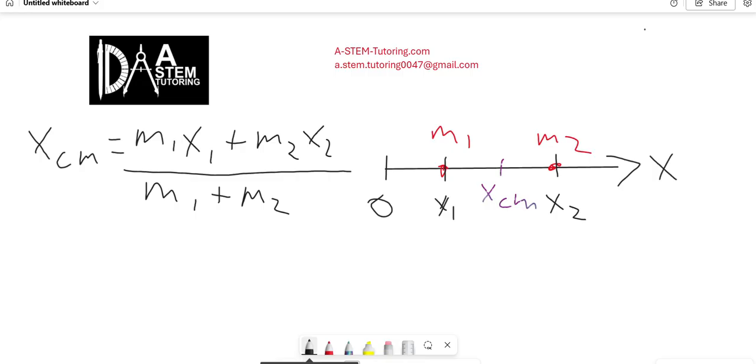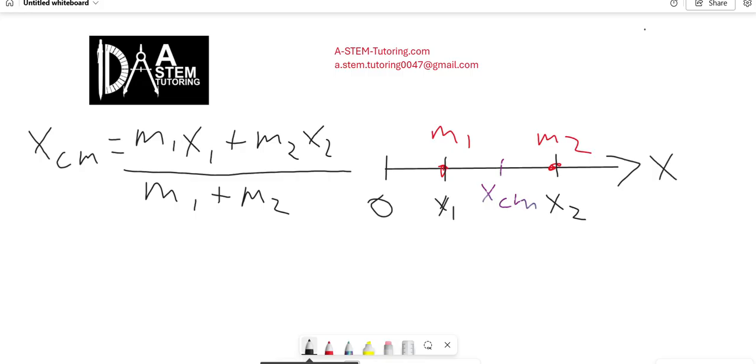Now, you can extend this to 3, 4, or as many point masses as you like. All you have to do is for each point mass, you multiply the mass of that point times its x-coordinate, sum up all those individual products, and then divide that sum by the sum of all the individual masses.